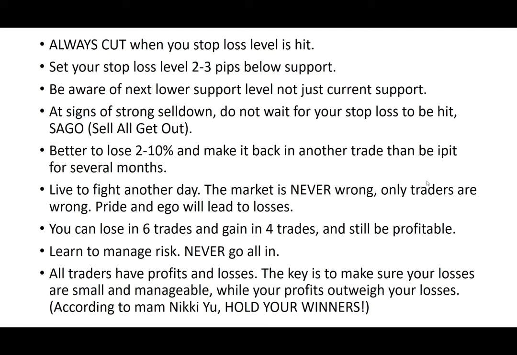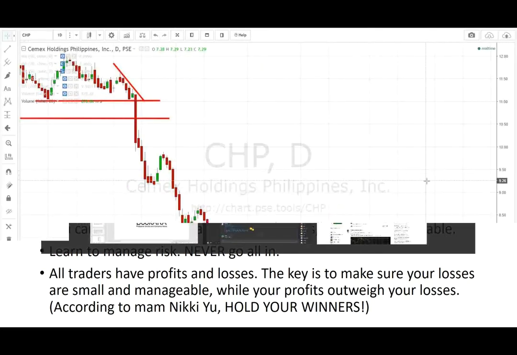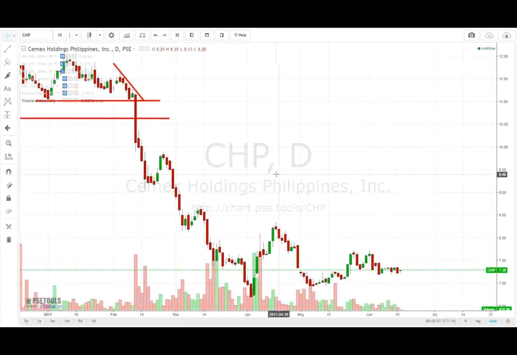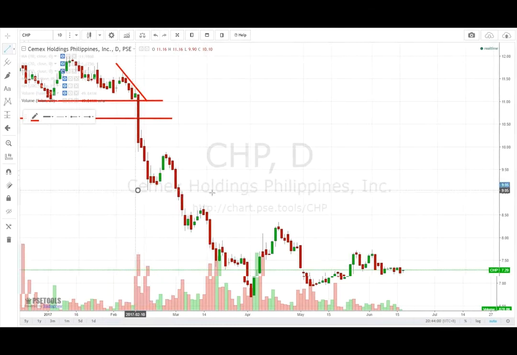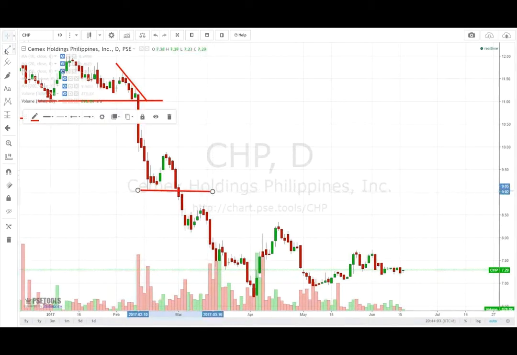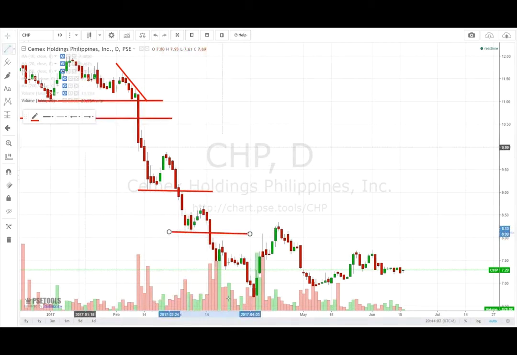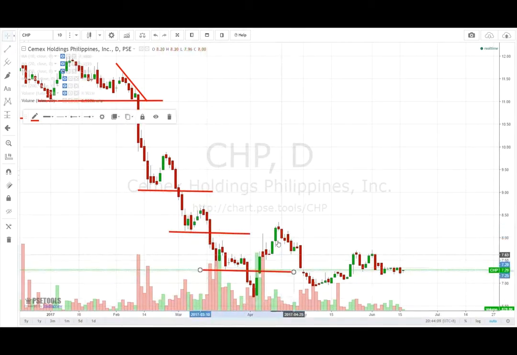We can get some good signals, especially pag sanay na sanay ka na. But dito lang, support, resistance lang. Yan o. So, pag nabasag yan, bagsak, bagsak, bagsak. Pag nabasag yan, akyat, akyat.